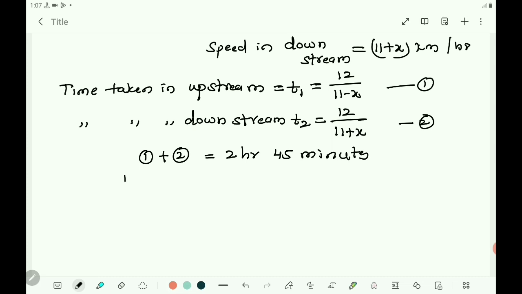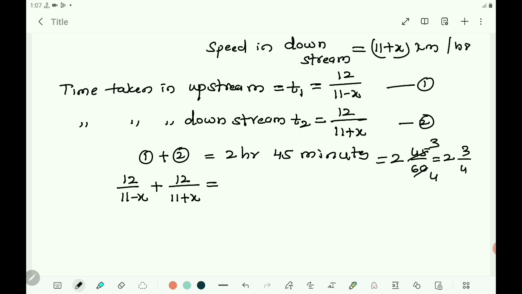First time plus second time: 12 by 11 minus x plus 12 by 11 plus x equals 2 45 by 60. Here you write 2 45 by 60, which equals 2 hours 3 by 4, that is 2 and 3 by 4 hours.